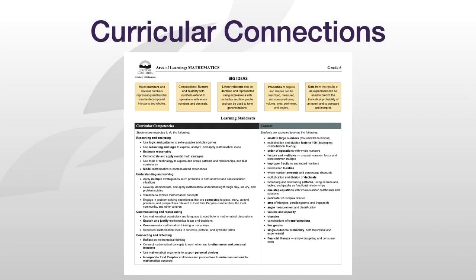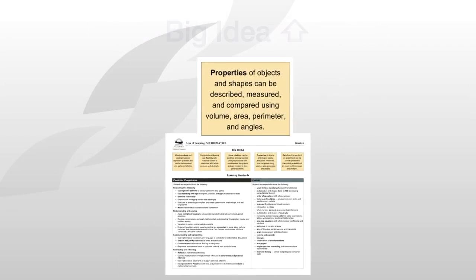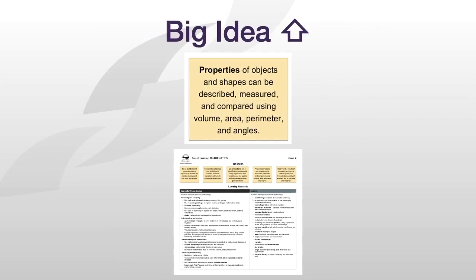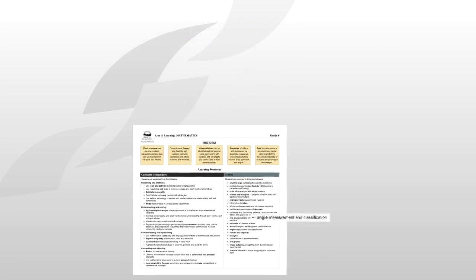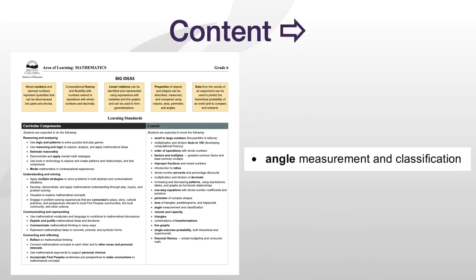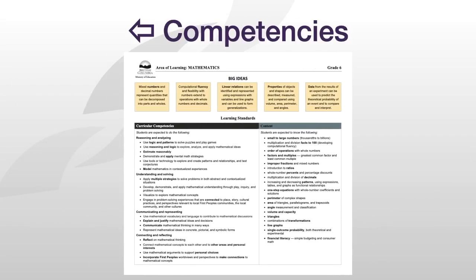This video addresses several learning standards in the Mathematics Grade 6 curriculum. This big idea emerged frequently as we described and measured angles. In content, we looked at angle measurement and classification. In their classroom, several curricular competencies may emerge as your child learns about angles.